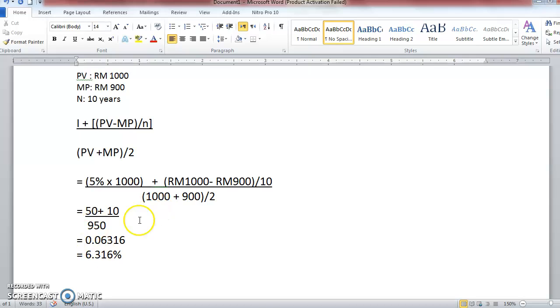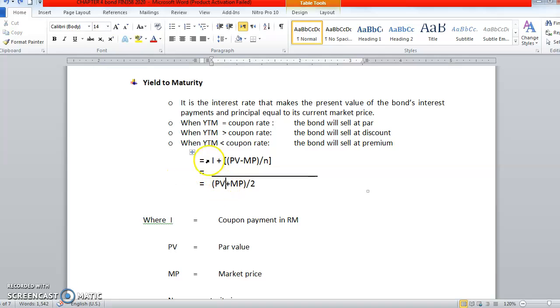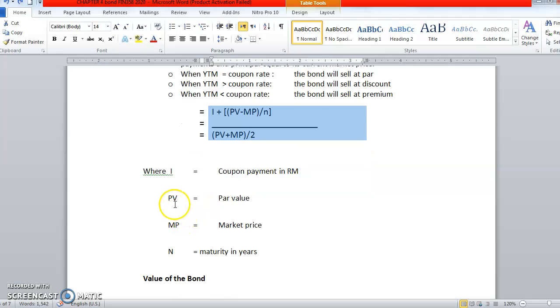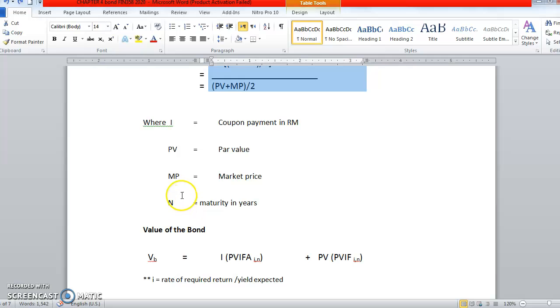So, this is the YTM, yield to maturity for this bond. I hope you boleh tackle untuk YTM ni. So, this is how you calculate according to this given formula. Just the same thing in your textbooks as well. Sama sahaja. Lama-kelamaan you akan biasa dan boleh buat lah.